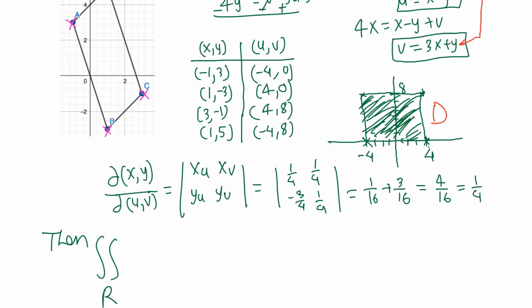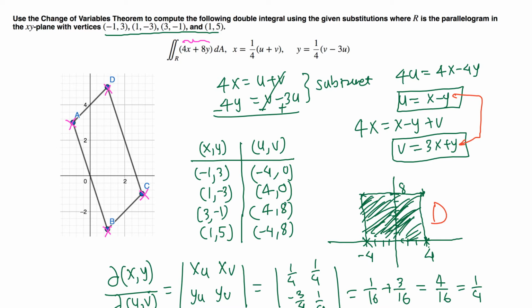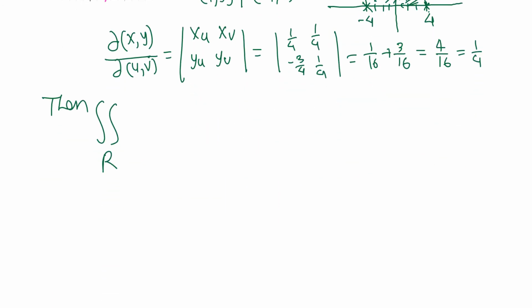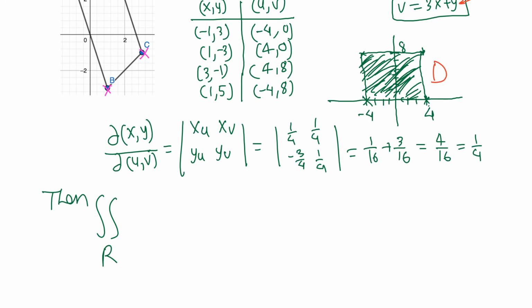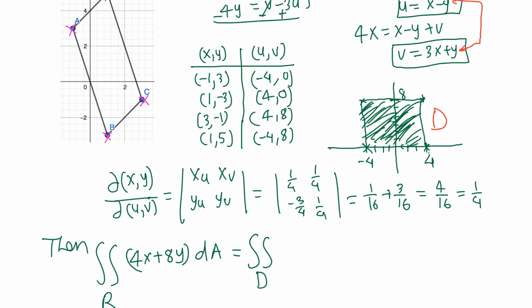And what is the integrand? 4x plus 8y dA. That is equal to, now we are in the new region D. Now we need to write x in terms of u and v and y in terms of u and v.